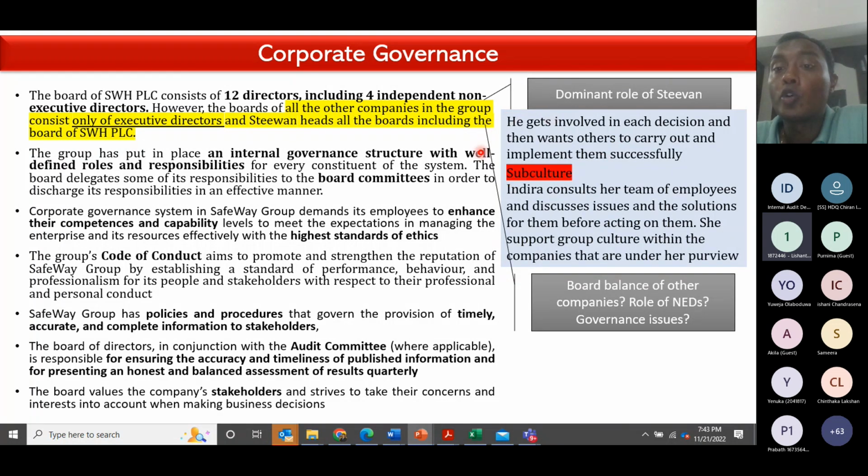And then we also spoke about the board governance issue, the board balancing, and the role of the senior independent director, and also write this question that although there are non-executive directors, they will not be able to perform better because there is a dominant person in there, right? So board decision making.